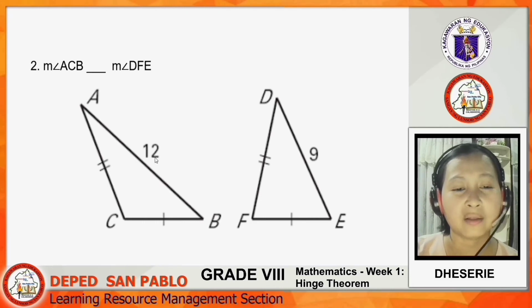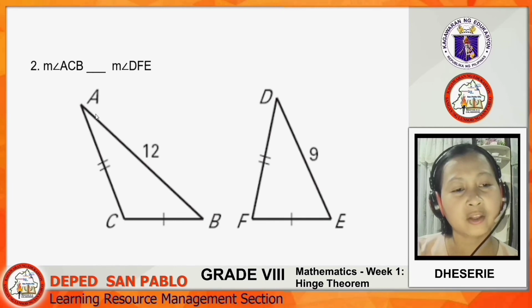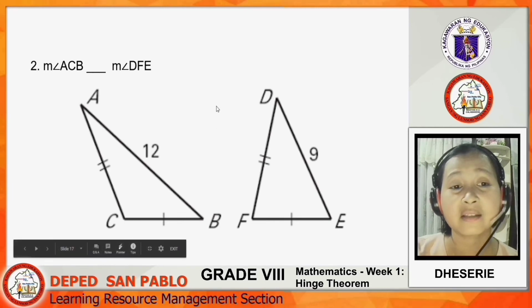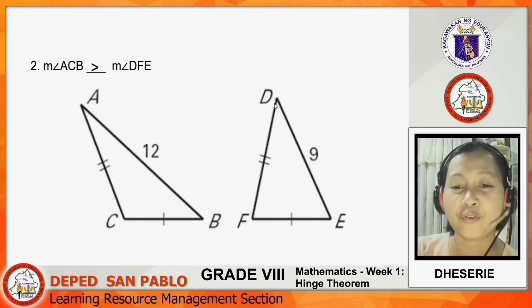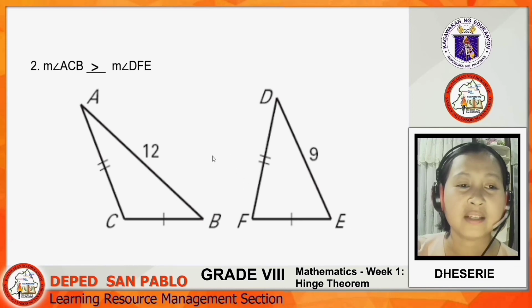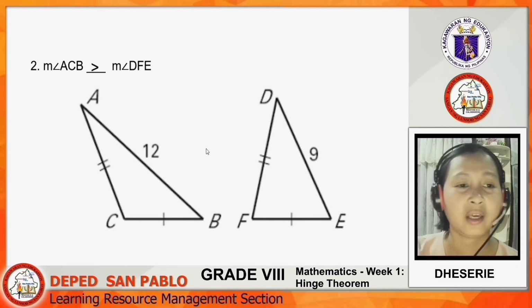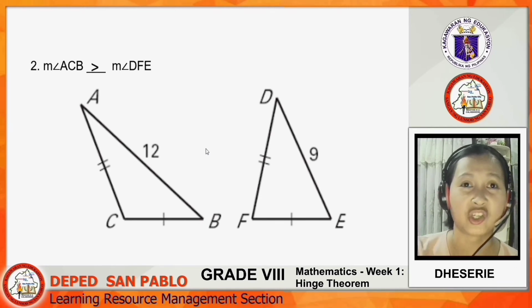So if AB measures 12, the measure of angle ACB is greater than the measure of angle DFE. I hope you don't have any questions, or that you are cleared with our discussion.